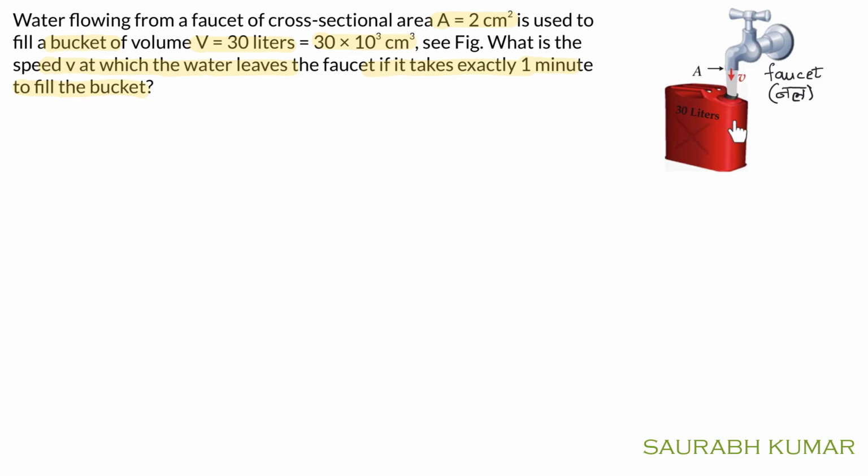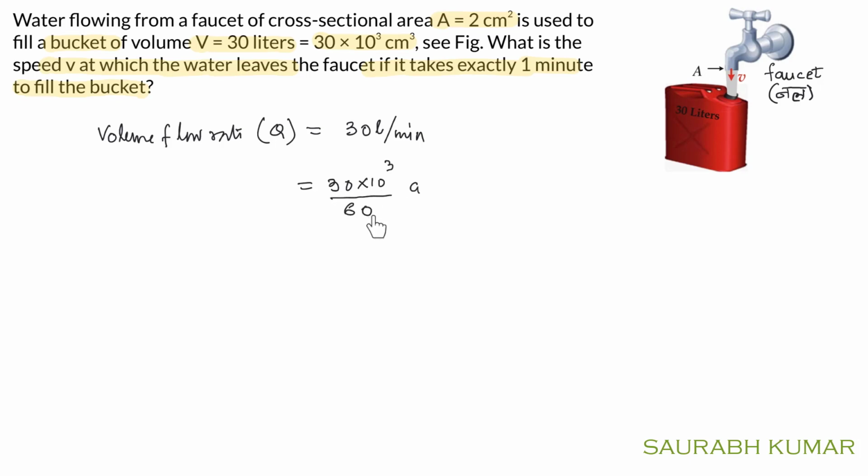So the flow rate, or volume flow rate, which we also denote with the symbol Q, is 30 liters per minute, equal to 30 into 10 to the power 3 by 60 centimeter cube per second.